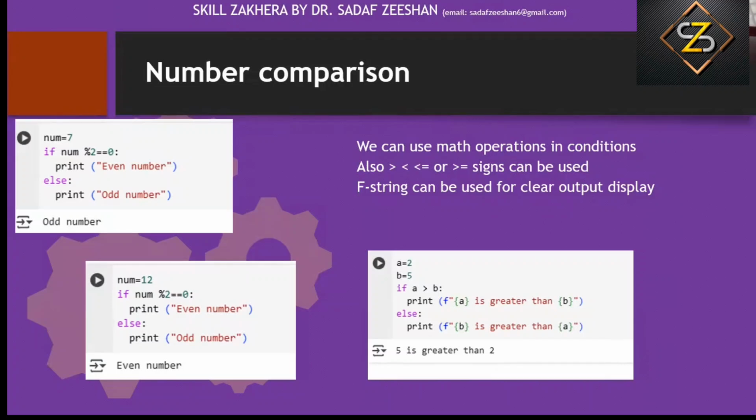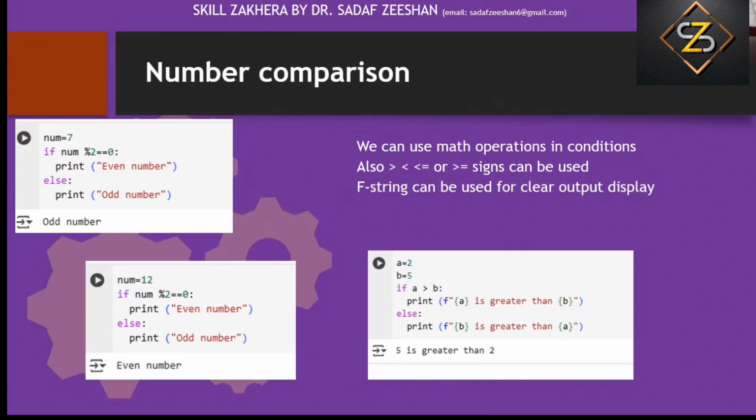For example, in the first case, I have a number 7. Now this symbol, percentage 2, means the modulus of 2. If the number's modulus is equal to 0, that means this is an even number.